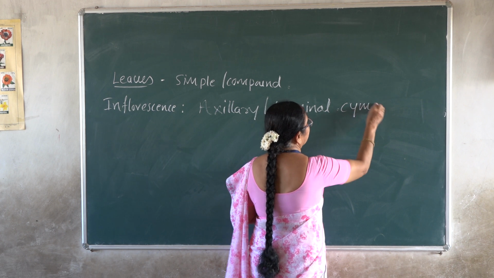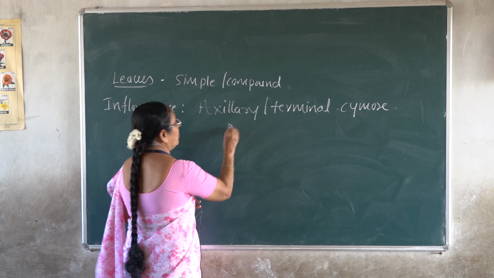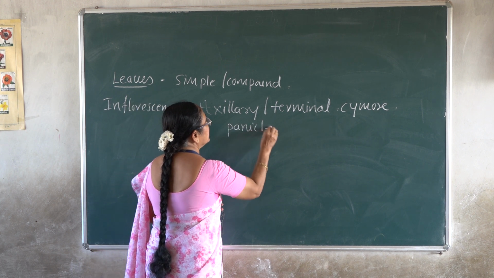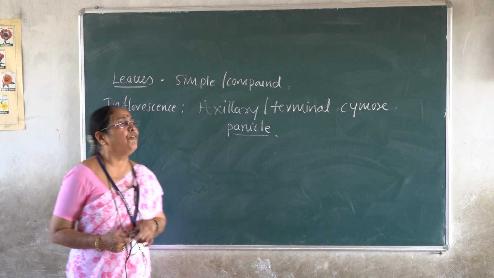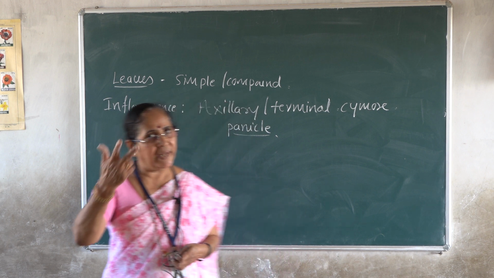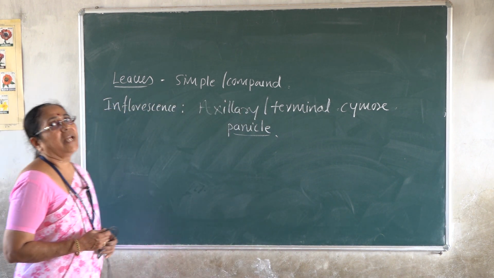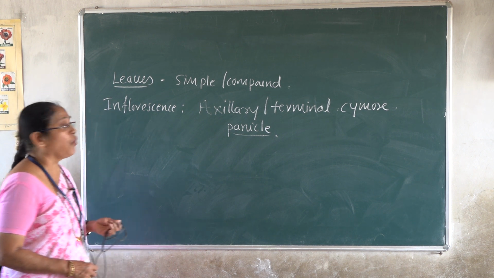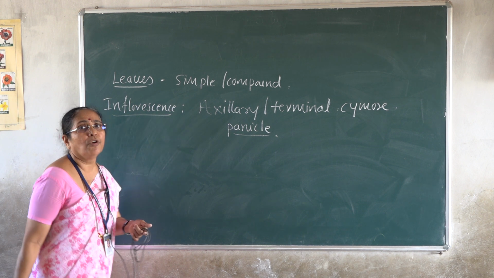Cymose type of inflorescence is of common occurrence in the family, and it may be present in the form of panicle. Panicle means many number of flowers will be there in that cluster, so that either the inflorescence may be produced in the axil of leaf and stem, or it may be produced at the shoot apex. So it is terminal or axillary, cymose or the cyme type of panicle type of inflorescence is of common occurrence in the members which belong to family Rutaceae.